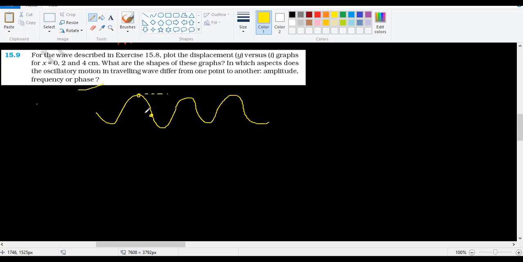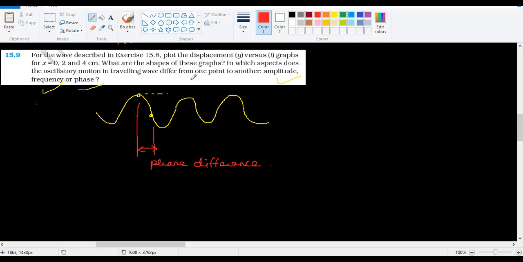So the amplitude is the same, and the frequency is the same. Only the phase differs, meaning there is an angle difference between the two points. That is what we call phase difference. So that's the answer for the last part.